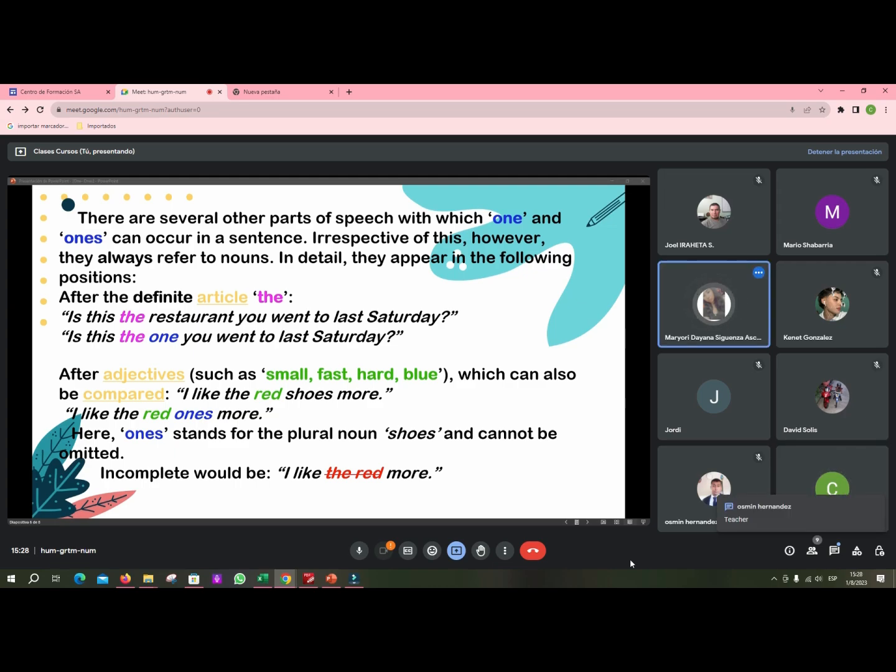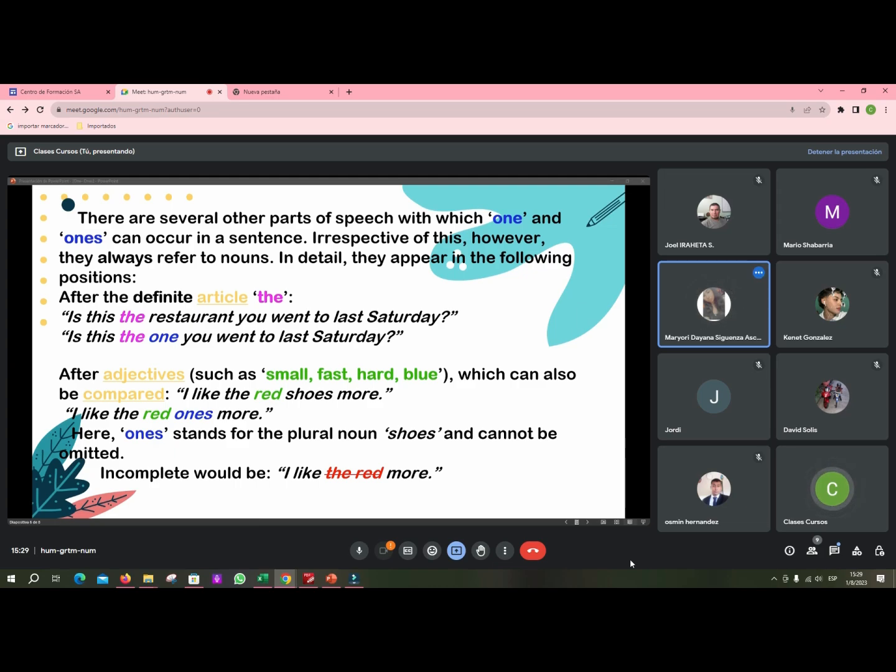After adjectives. Compare: I like the red shoes more. I like the red ones more.